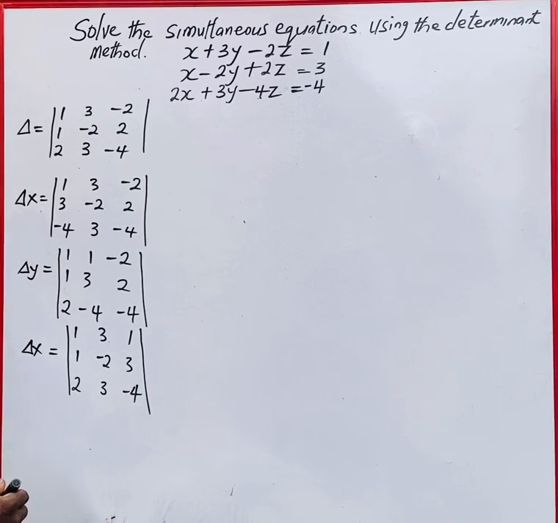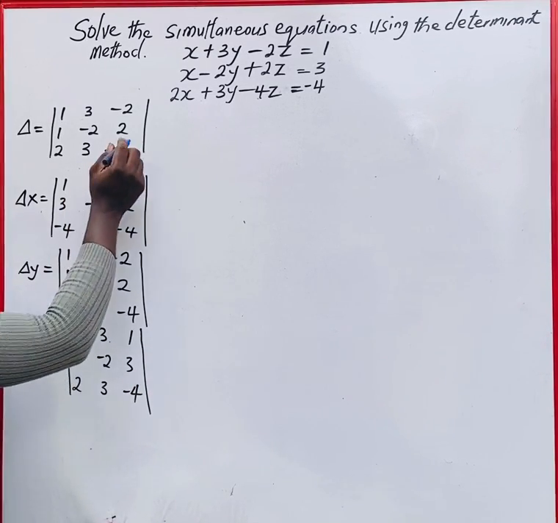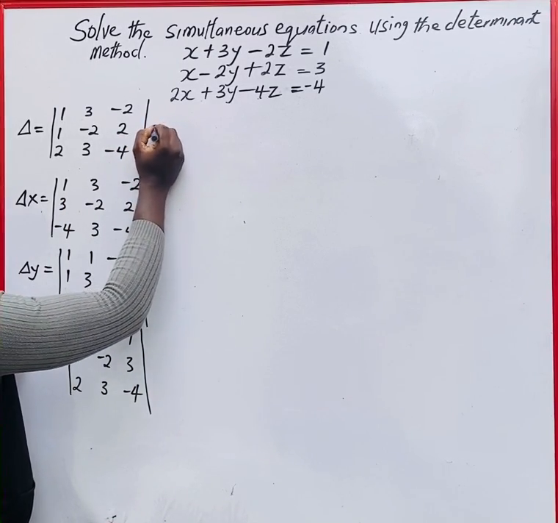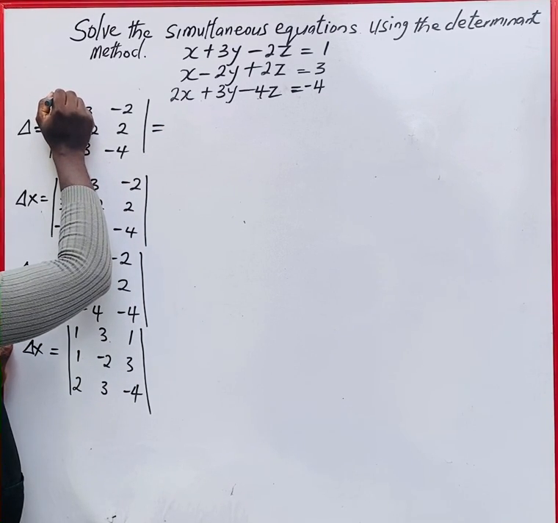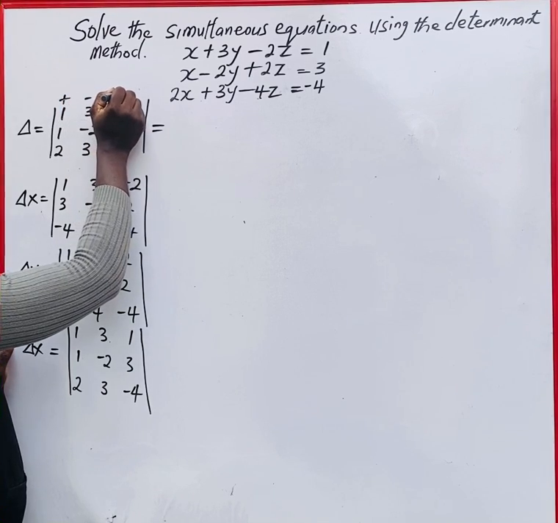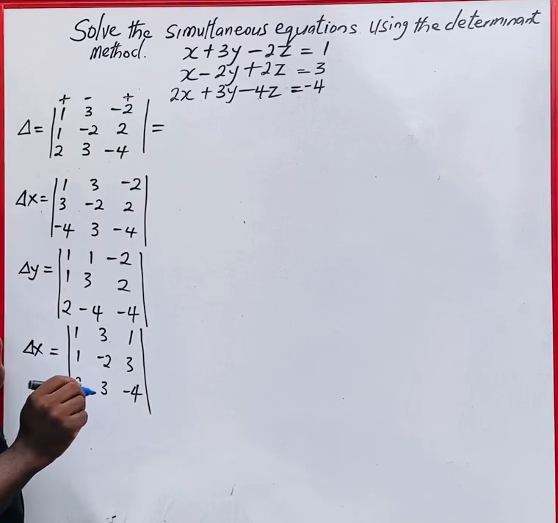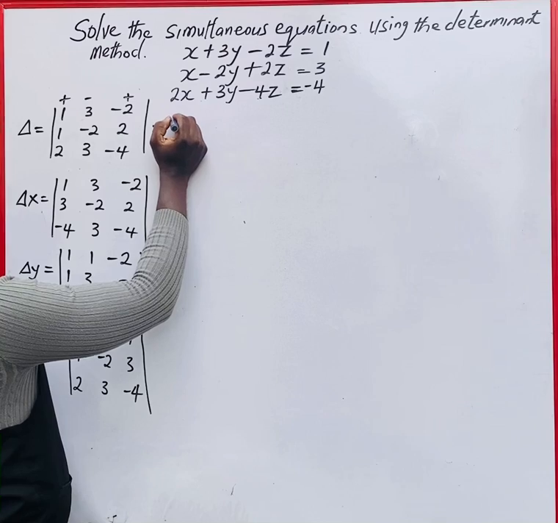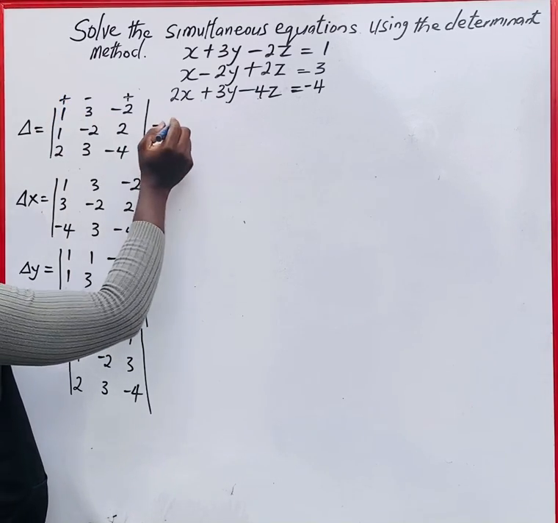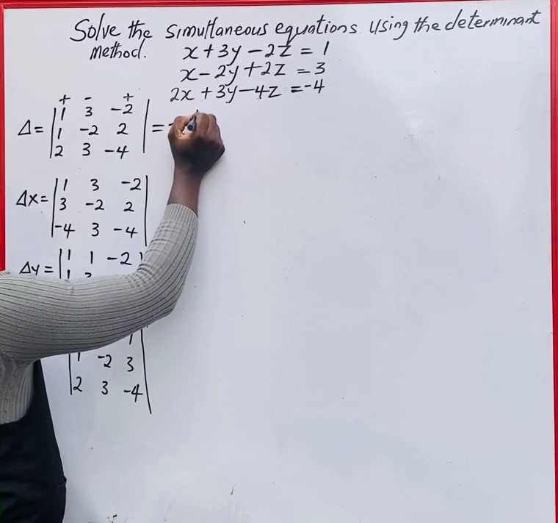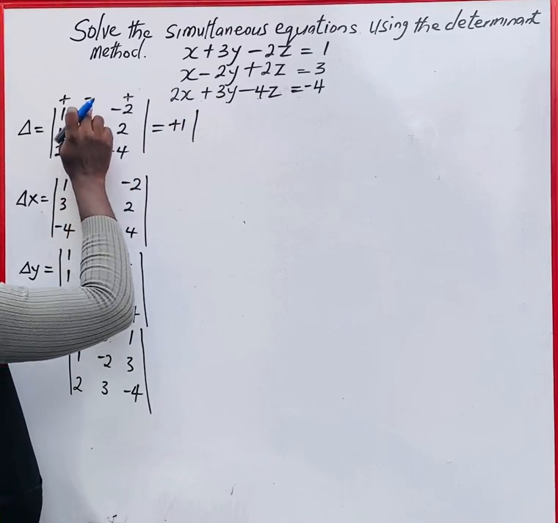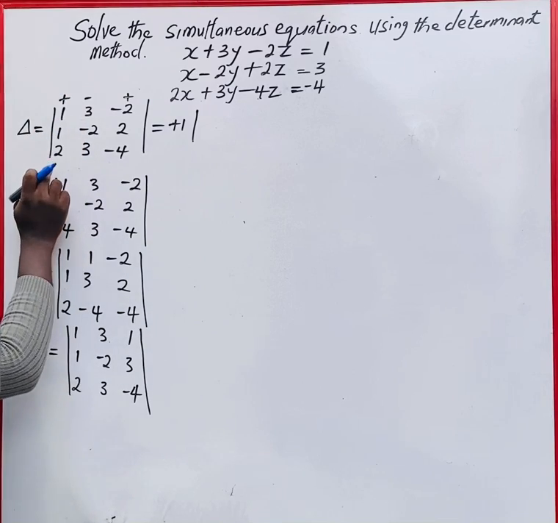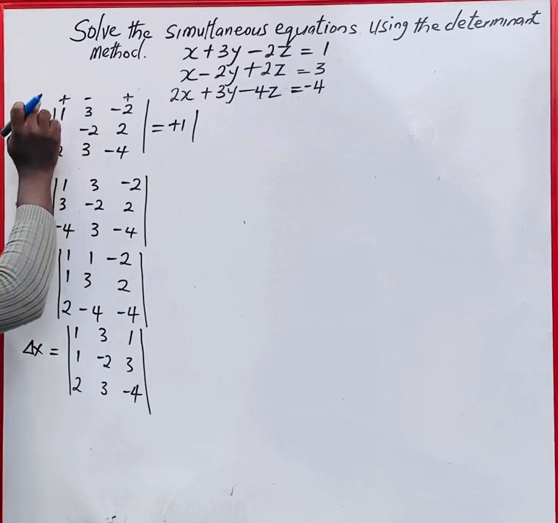Then you start solving. The first one is for you to get the cofactors and the signs. The signs we are using here are plus, minus, and plus. So we form a 2 by 2 determinant. The first number there is 1, so you have plus 1. Close the first row, close the first column.